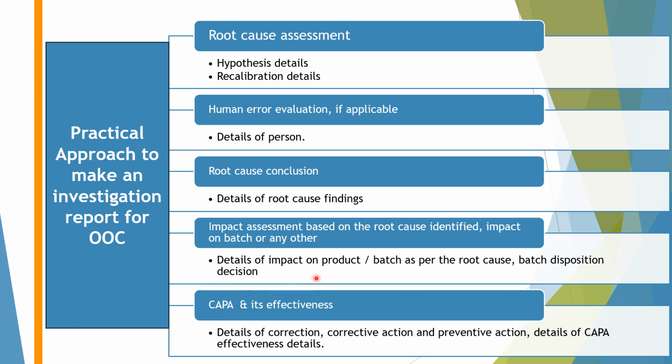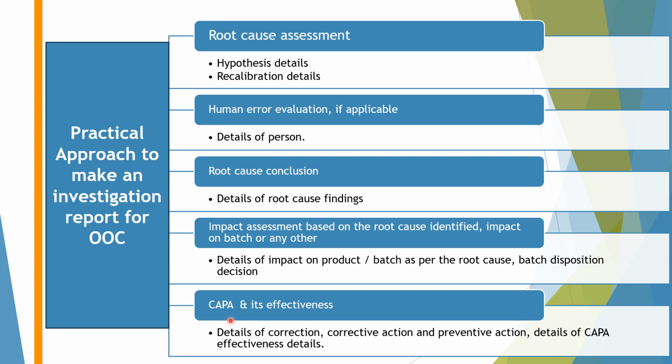And if you have identified a root cause which reveals that the out of calibration results were observed due to instrument related error, then you need to perform the impact assessment thoroughly, right? For example, you may need to evaluate all product analysis since the last successful calibration to date, based on your identified root cause.